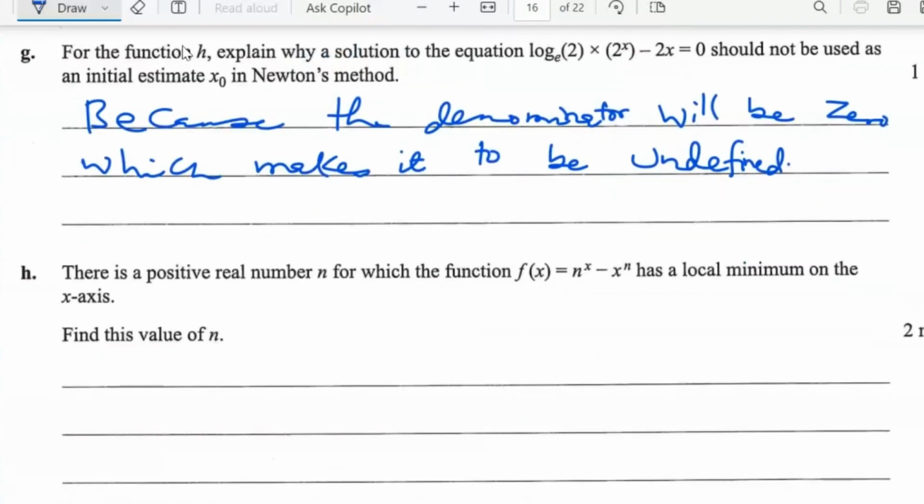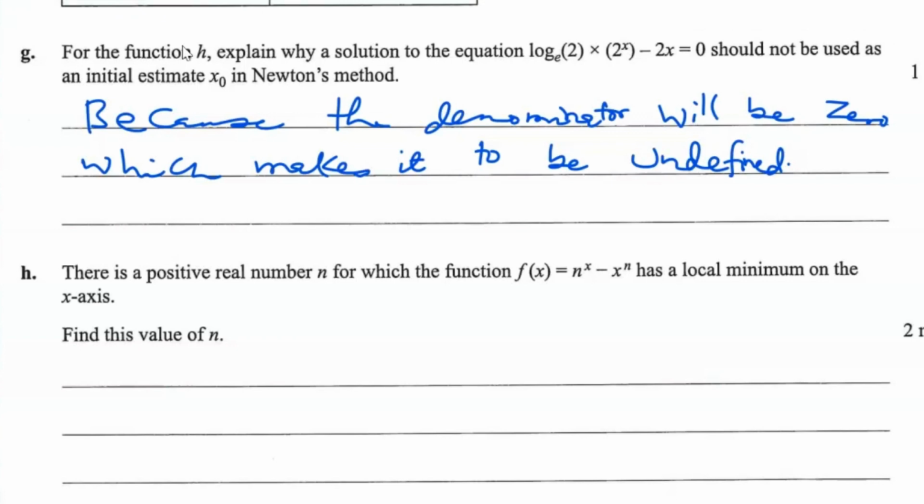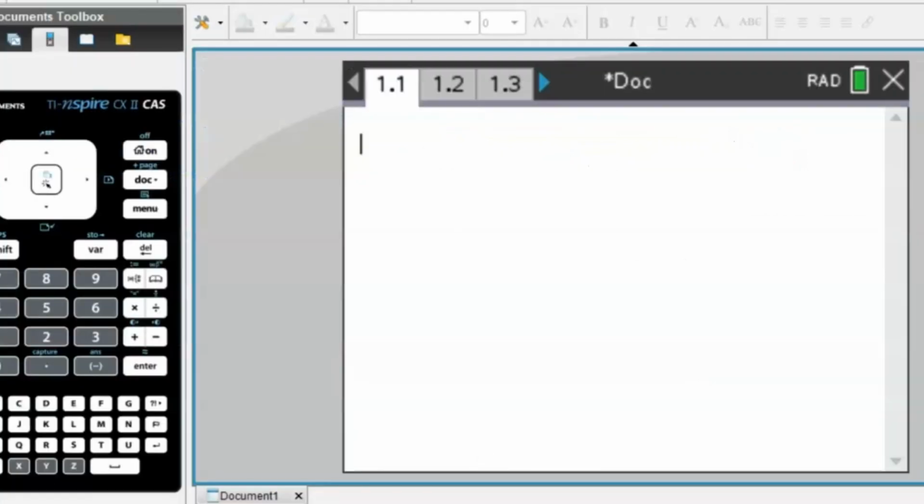Alright, now there is a real number n for which the function h of x equals this has a local minimum value on the x-axis. Find this value of n. So now if I get the derivative of this, what do I get?